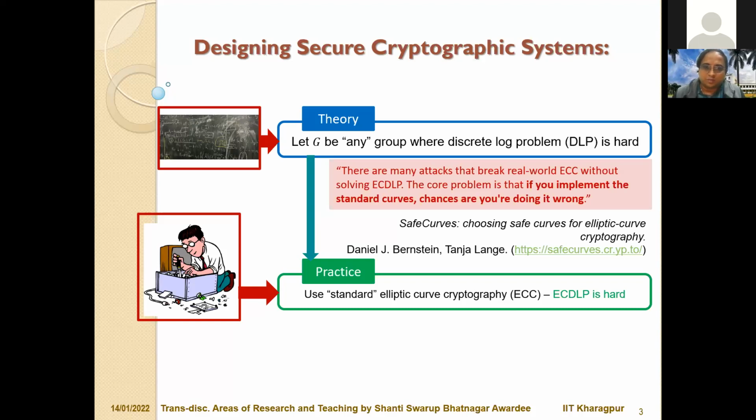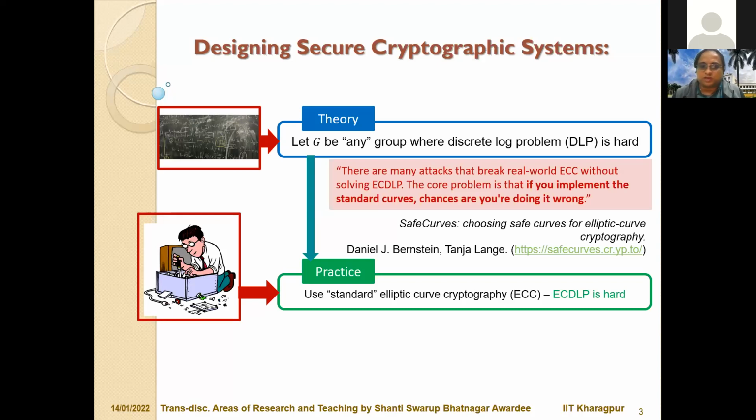But what can be observed here is that there can be many attacks that can break real world elliptic curves without really solving this hardness notion, which in the context of elliptic curves we call the elliptic curve discrete log problem, or ECDLP.